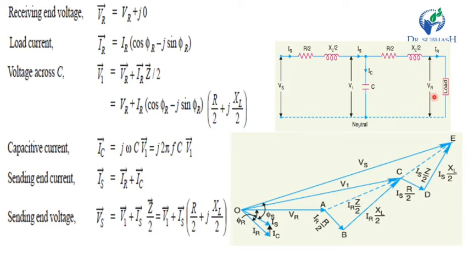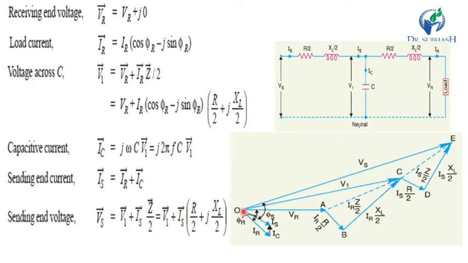So VR is the reference. Here we draw from the origin point O the line VR. Now after drawing the VR line, we know that the angle between the voltage at the receiving end and the current at the receiving end is called the power factor angle phi r.